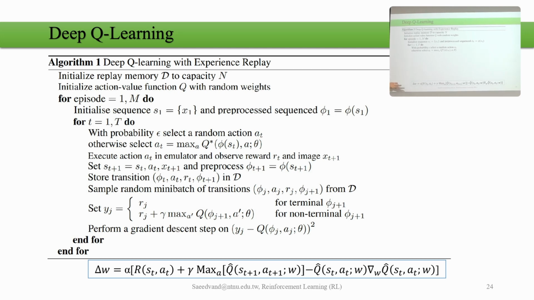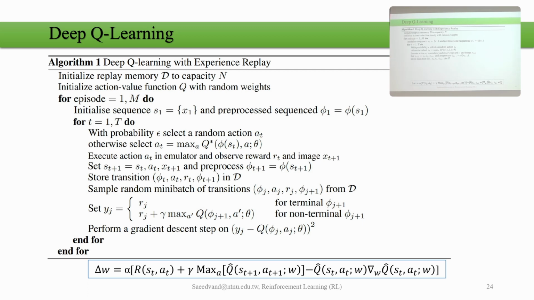If you look, it is exactly the same as Q-learning with epsilon greedy: random with some probability, or get the maximum. After that, execute the action in the emulator or real environment or whatever it is, and observe the reward and get the new state. Because if your agent does an action, we move to the next state and we get some reward or we don't.